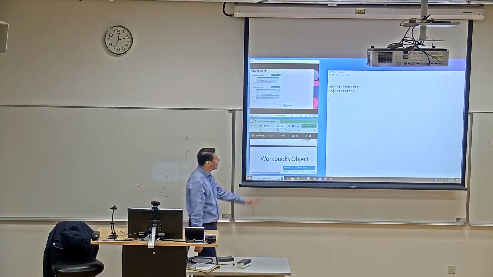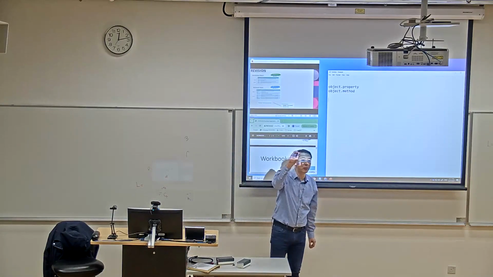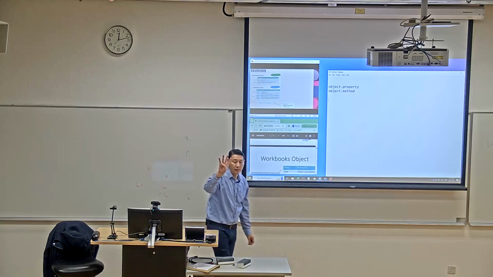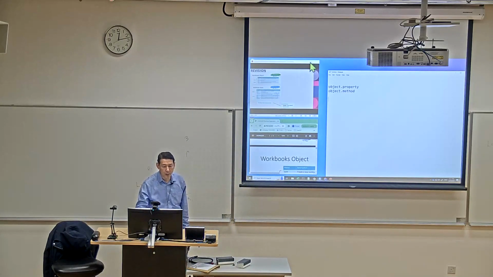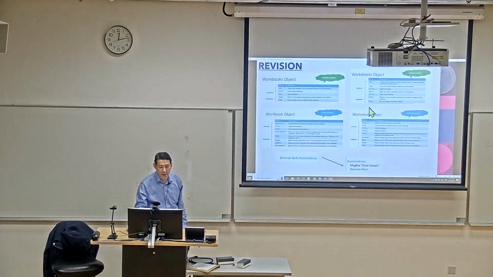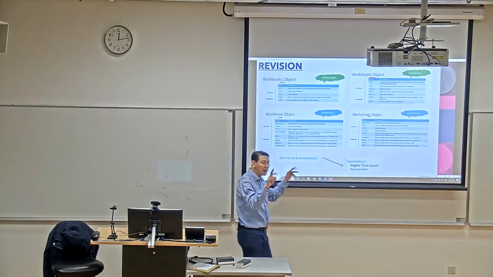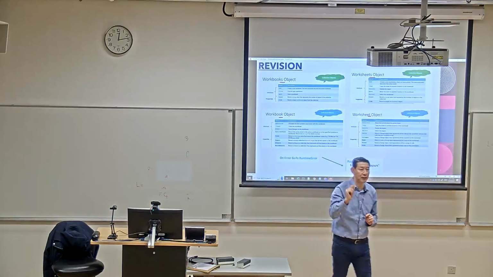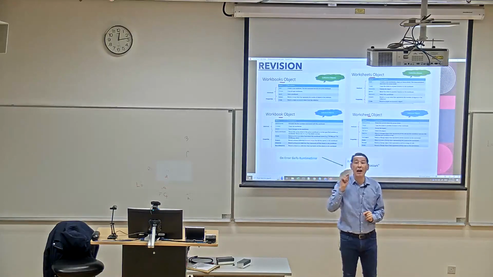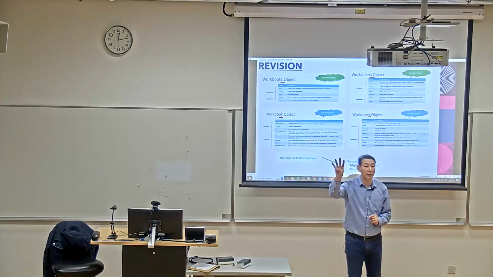In this set of materials, I'm going to introduce 4 objects. Their names are very similar: Workbooks and Workbook, Worksheets and Worksheet. The only difference is a little bit in the spelling. In fact, they are 4 different objects.